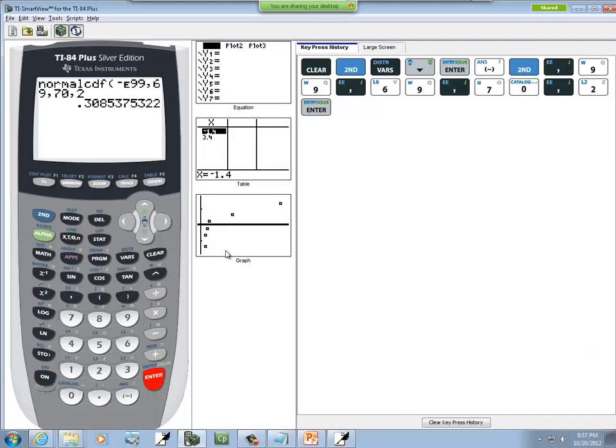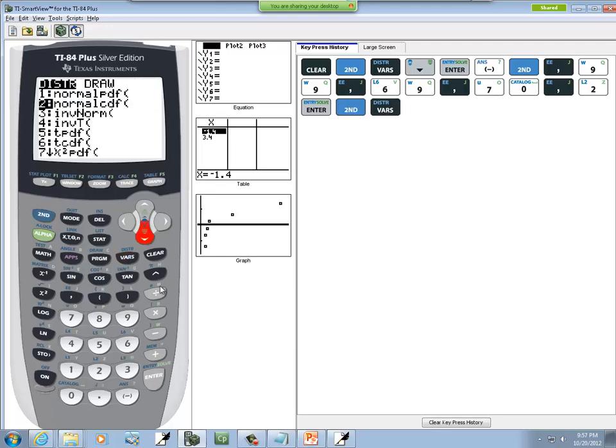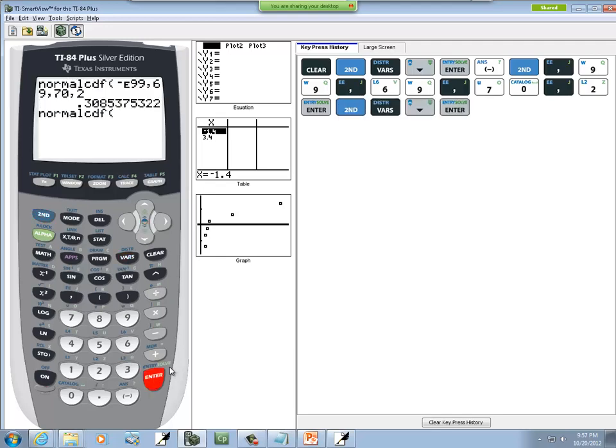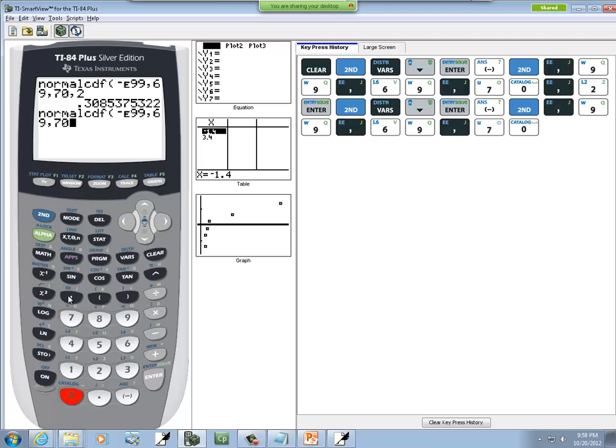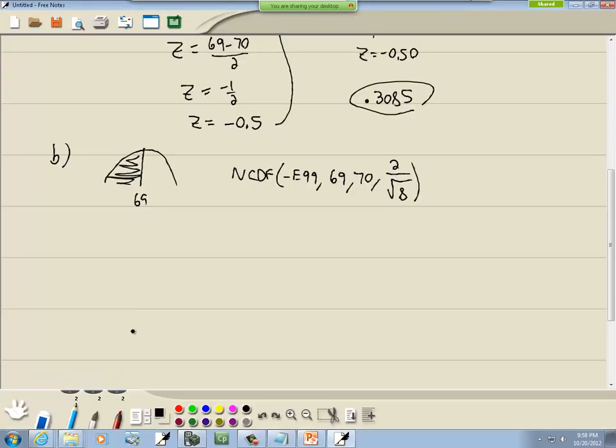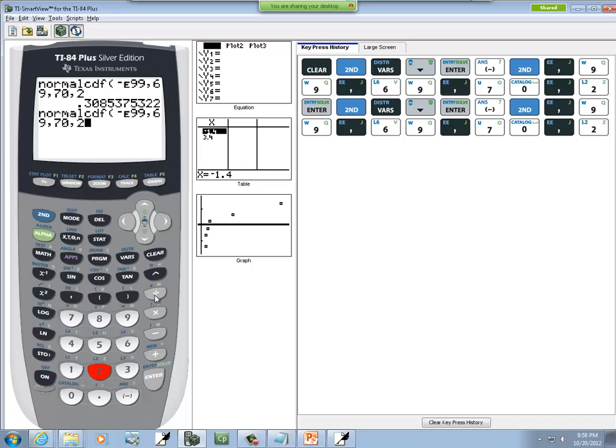Now let's put this in the calculator. I'll do second vars, normal CDF, negative E, so second comma, 99, comma, 69, comma, 70, comma, 2, divided by second x squared for the square root of 8.